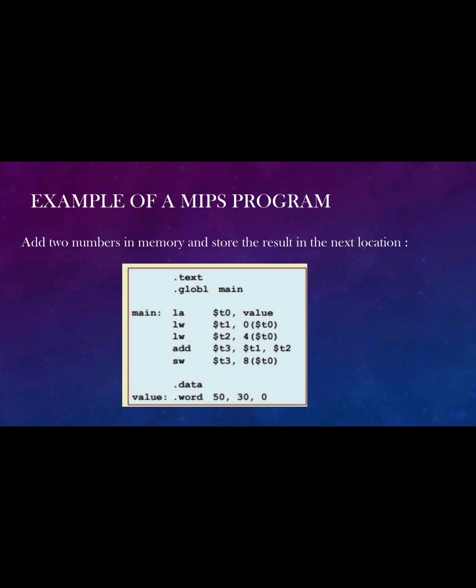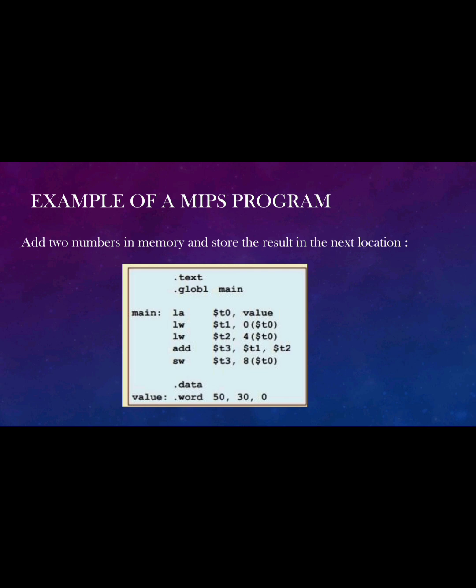The LA $t0, value, it means that LA, load address, loads the address of the value array defined into register $t0. LW, that is load word, loads the first element of the value array into register $t1.